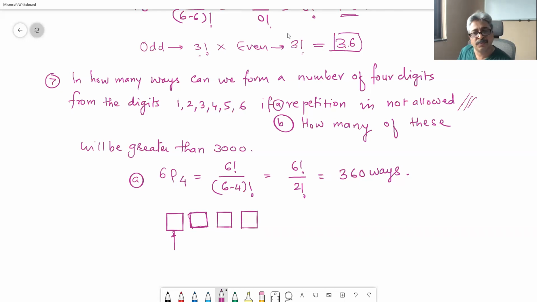Yes or no? Yes, sir. So case 1: the first place is occupied by 4, 5 or 6, so it can be occupied in 3 ways.